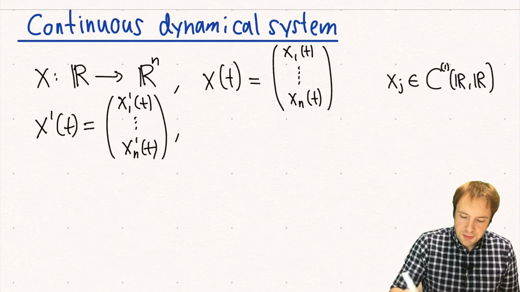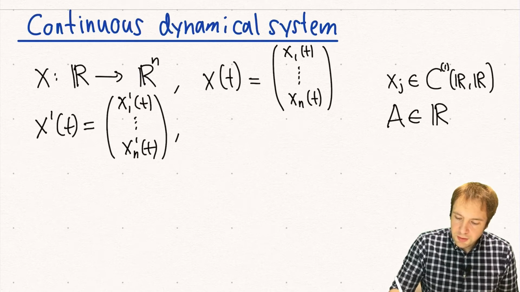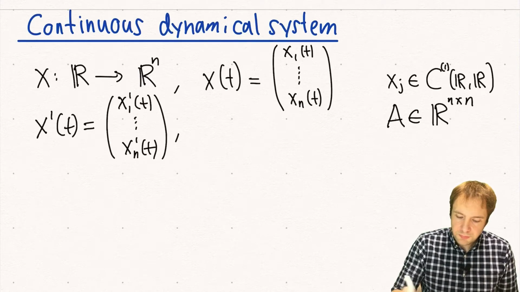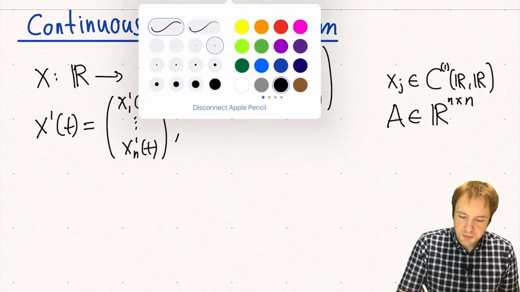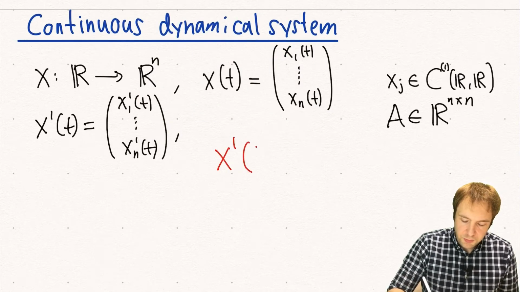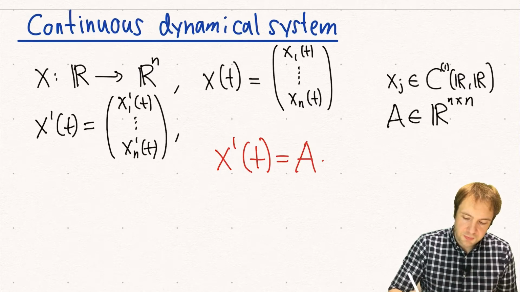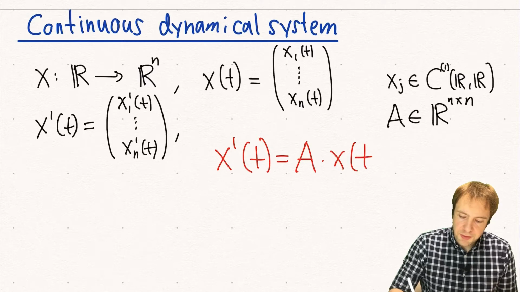And then, having some n by n matrix A, what we mean by a continuous dynamical system is an equation like this. We want to solve that this vector equals A times this vector here.